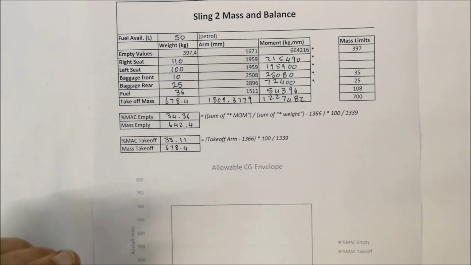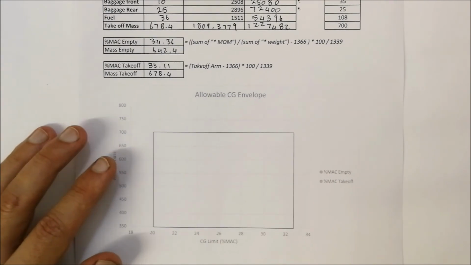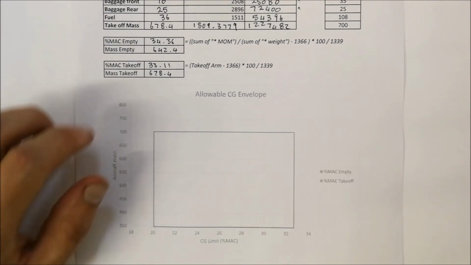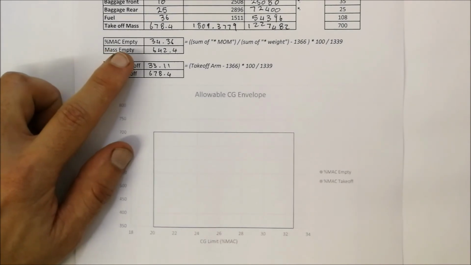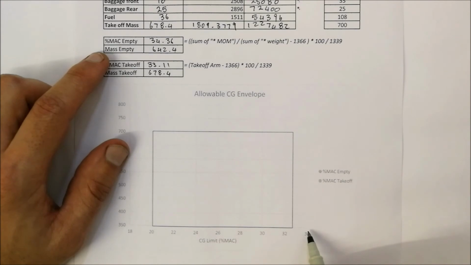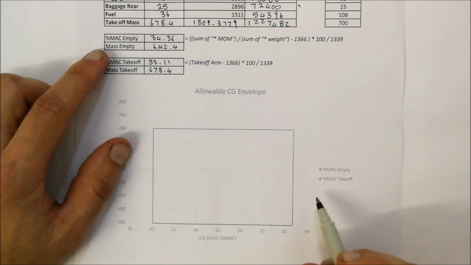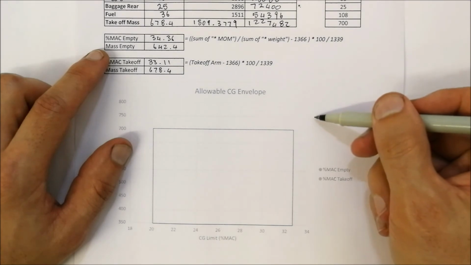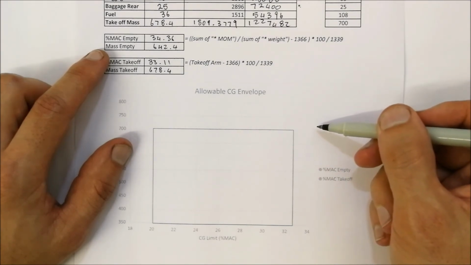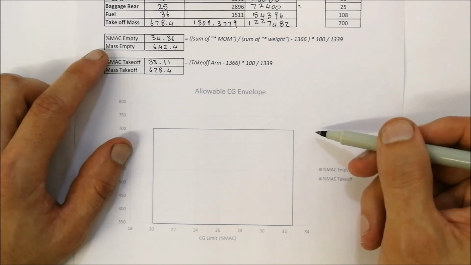Okay, now that we've got these values, we've got to plot them. First we're going to look at empty. So percentage Mach at empty is 34.36. If we look at our graph over here, 34 is located over there, and 0.36 is going to be a little bit over that. So we know it's going to be over here somewhere, and if you can see the faint line over there, it will be just to the right of that faint line.